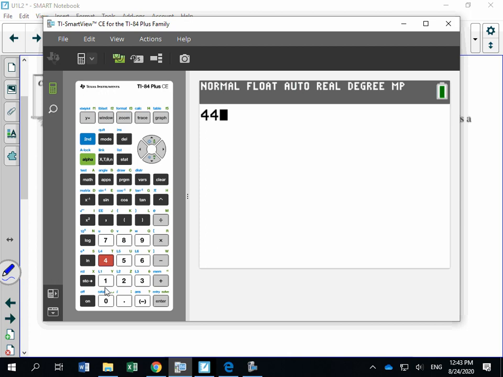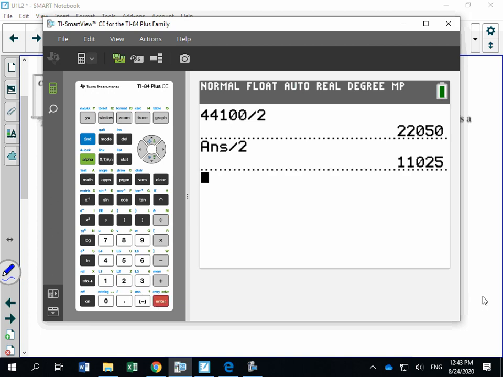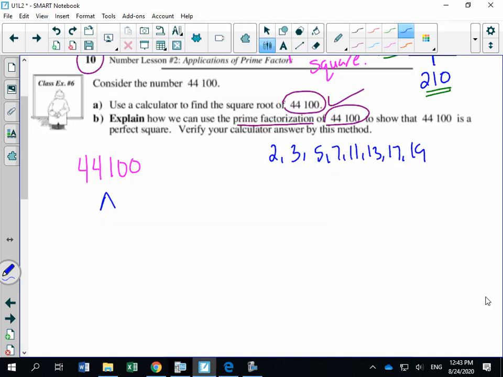44,100, let's divide that by 2. That's 22,050. Divide that by 2, and we get 11,025. I know that 2 is not going to work, so I'm going to check 3 now.